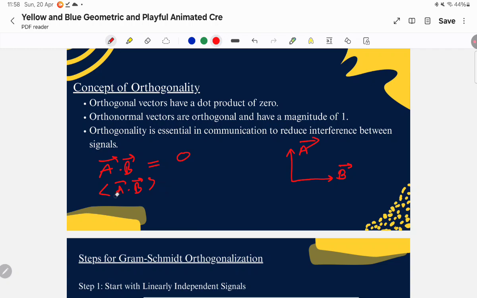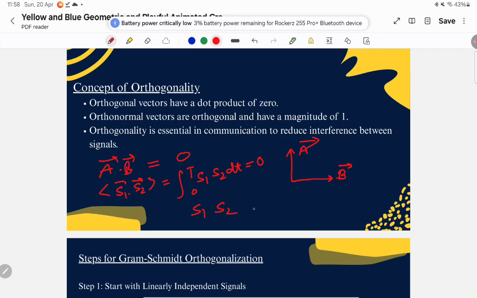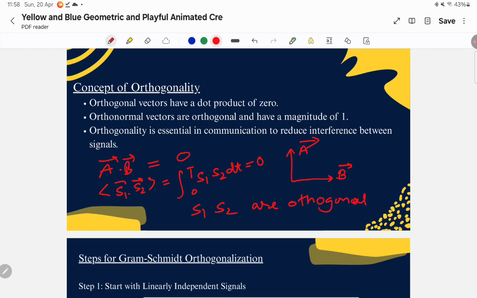So let's say this is signal S1 and signal S2, so their inner product is going to be the integral of S1 S2 dt. If this is 0, then we will call S1 and S2 orthogonal. Orthogonal vectors have dot product 0.